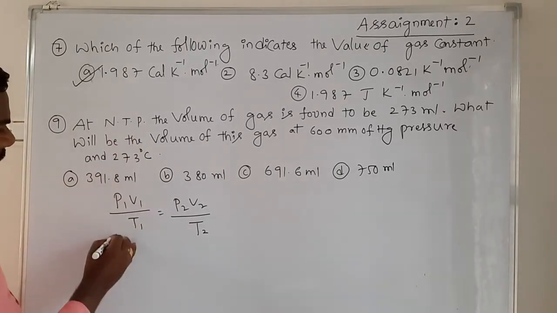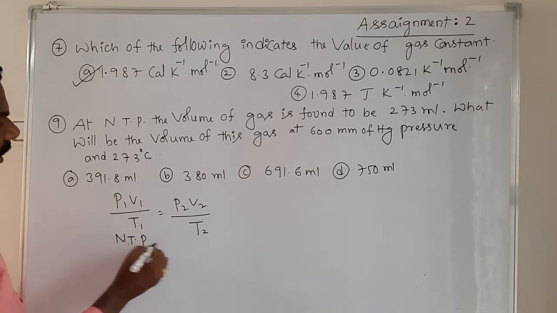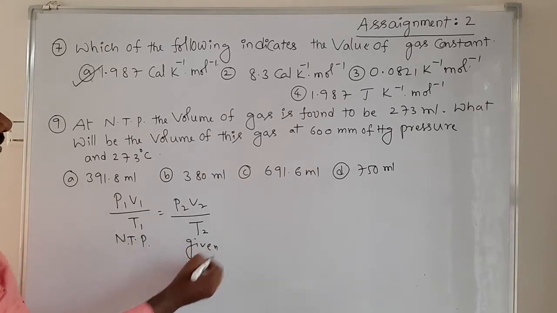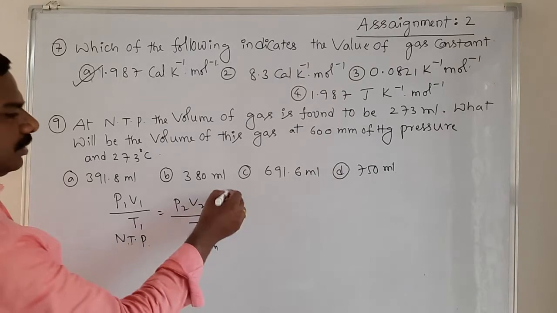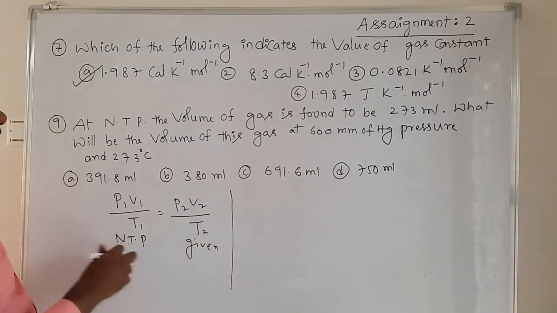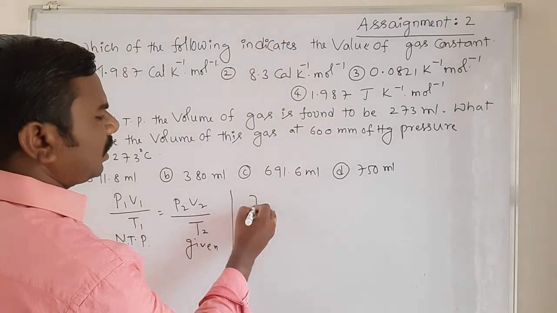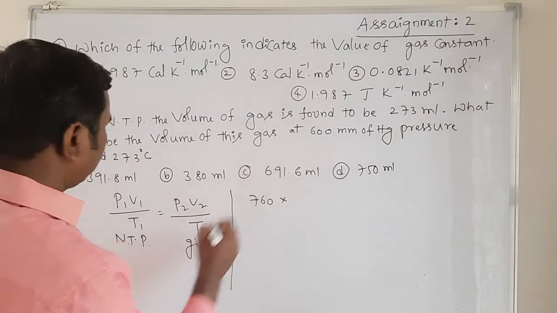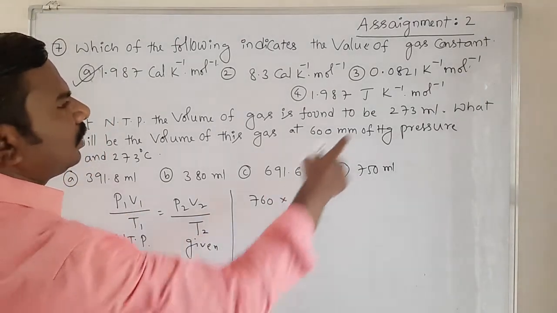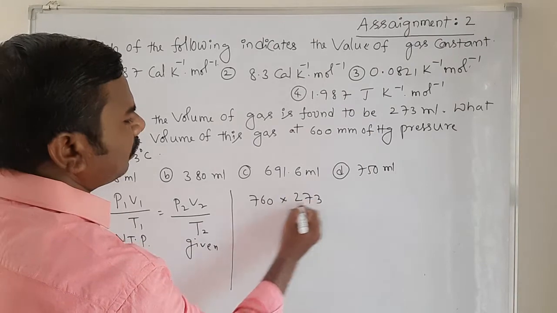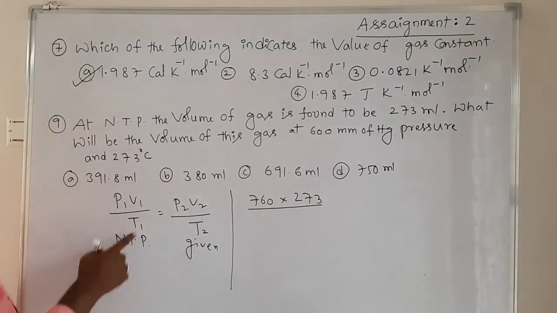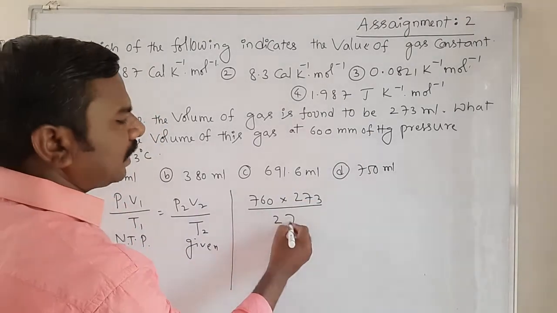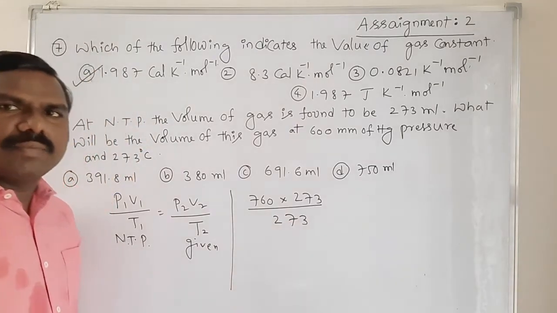Pressure: it is NTP condition, a given condition, right? Substitute now, students. P1, pressure at STP, is 760. Volume will be 273 ml given, temperature is 273 Kelvin at STP.